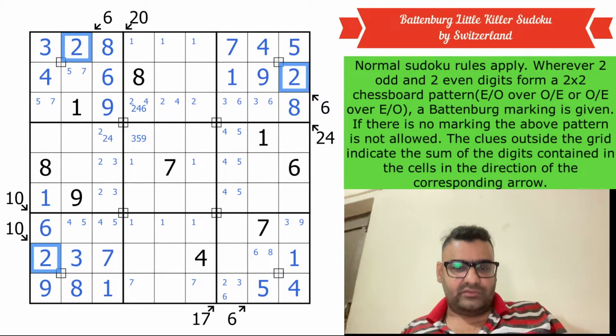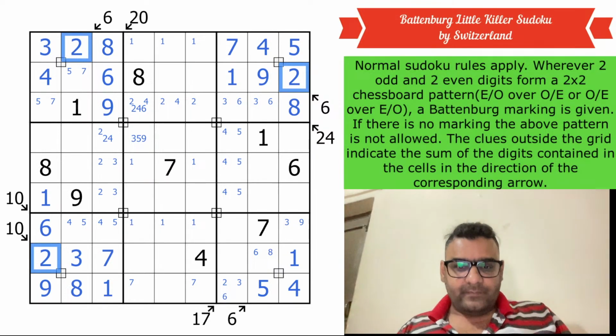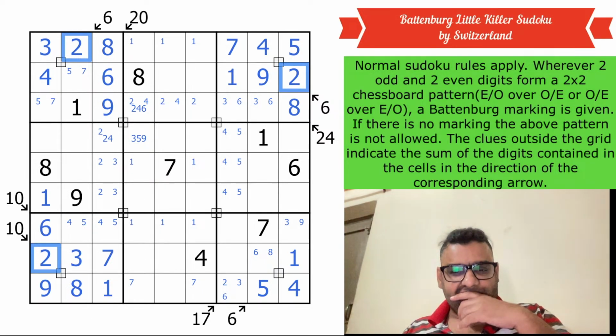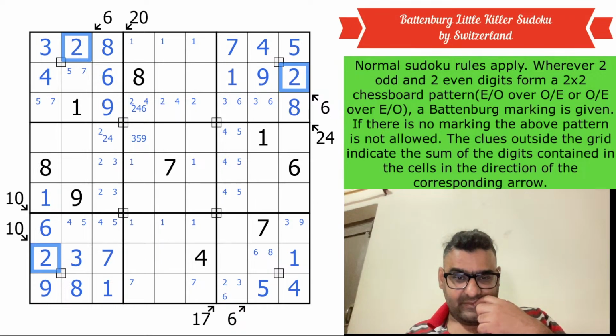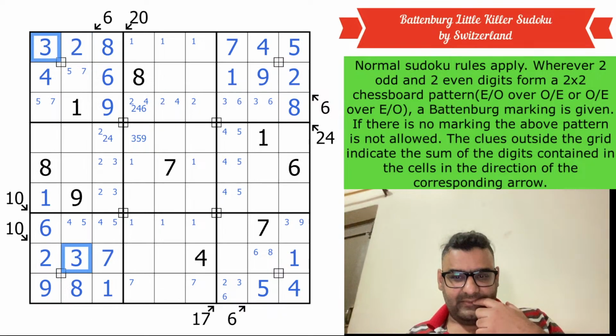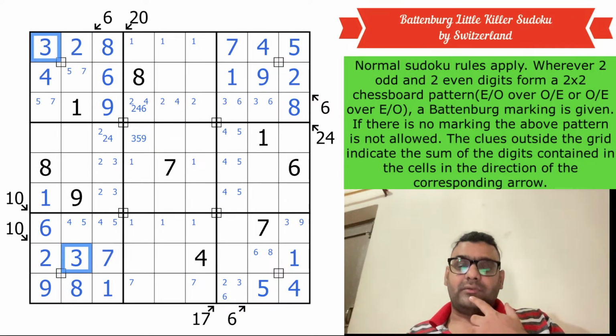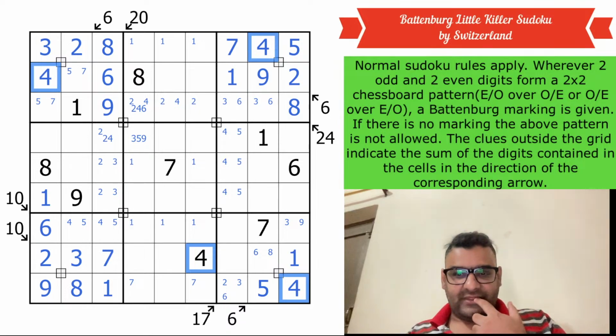What about 2? We have 3 twos revealed. We know 2 1 4 is here, so 1 is revealed there. Okay, what about 3? Only 2 threes revealed. What about 4? 4 and 4.